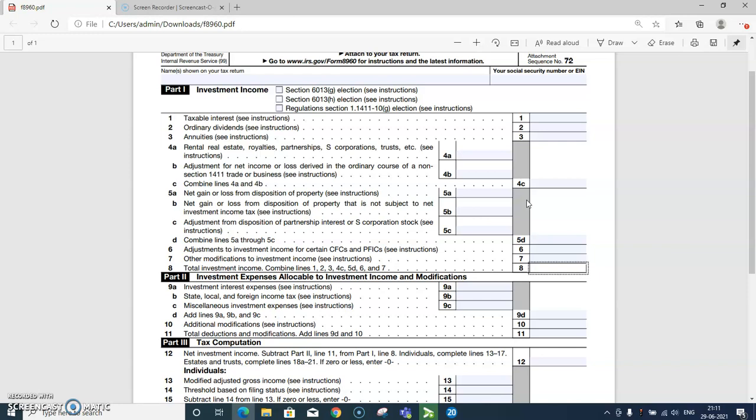the NIIT, or net investment income tax, you owe by multiplying the amount by which your MAGI exceeds the applicable threshold or your NII, net investment income, whichever is the smaller figure, by 3.8%. You then enter your NIIT tax liability on the appropriate line of your tax form and file Form 8960 with your return.